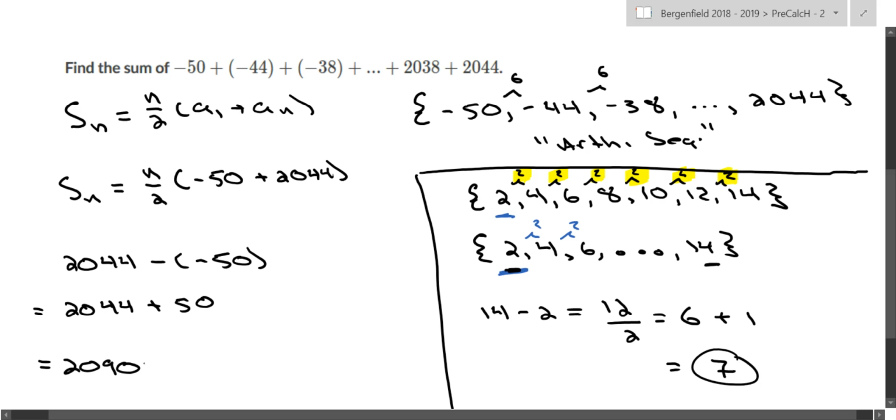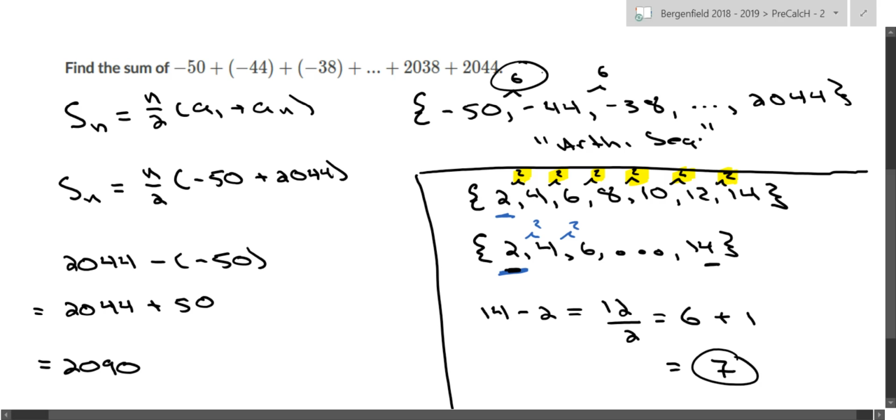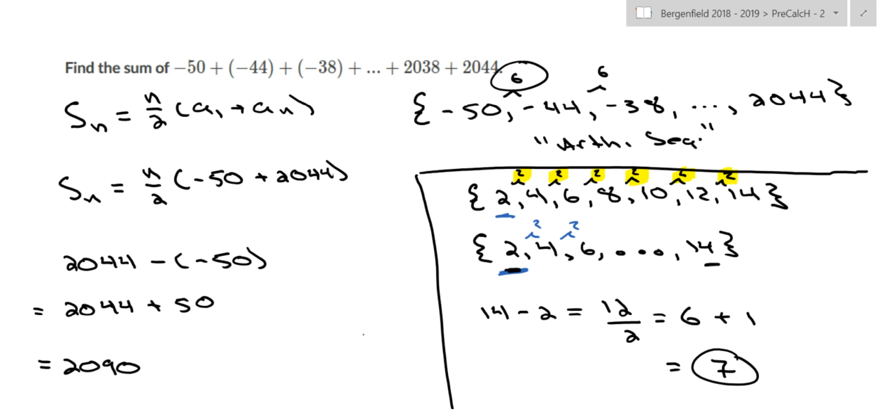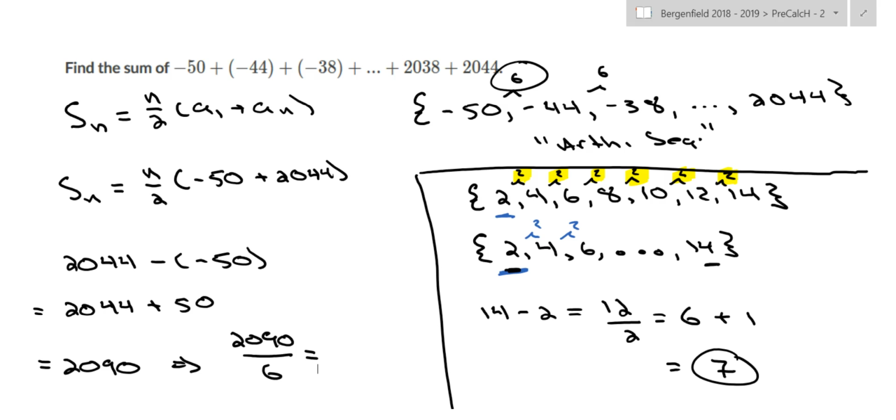But what was the difference between each step? Up here I said it was 6. So all I have to do now is take this number and divide by 6.